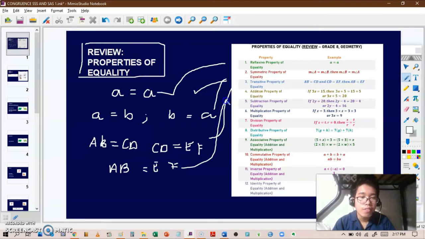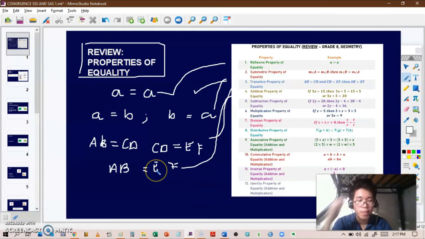Then we have the addition property of equality. That's simply adding a specific constant to both sides and it will yield the same value. For example, we have here 3x is equal to 15.